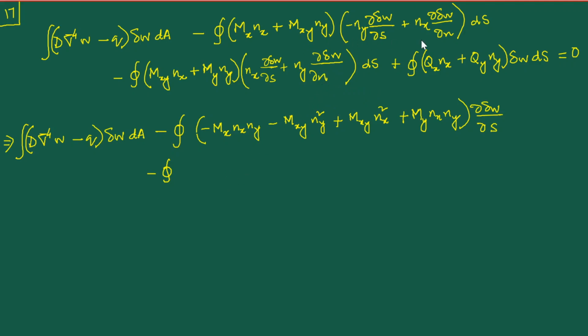So going here, what I'll have is mx and x square plus mxy and x and y from here, then plus mxy again nx and y. So this is basically twice of that term, plus my and y square.